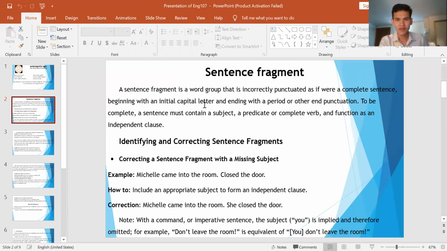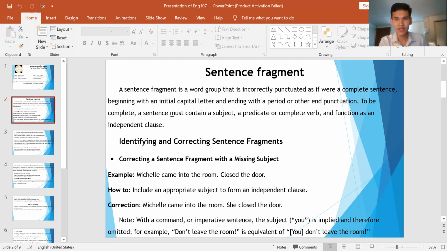It means that you need to write a complete sentence, ending with a period, sometimes with a question mark, exclamation mark, etc. When you use it incorrectly, we call it a sentence fragment. So you need to write in a complete structure.